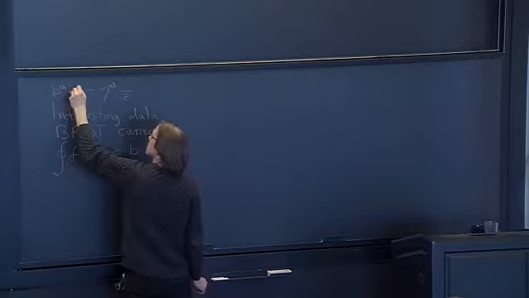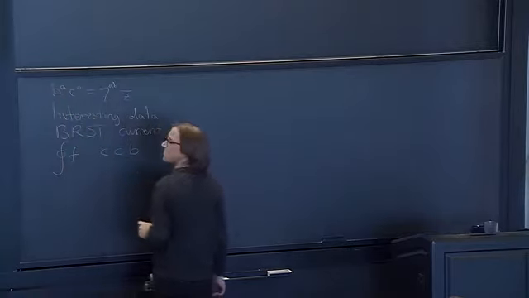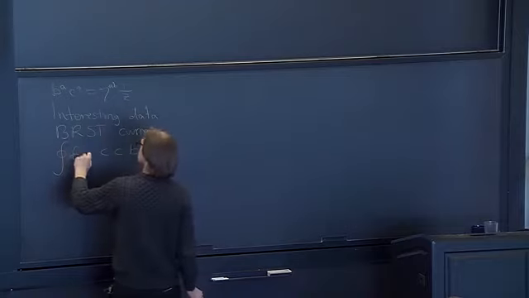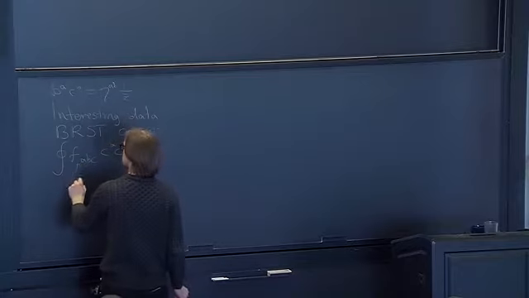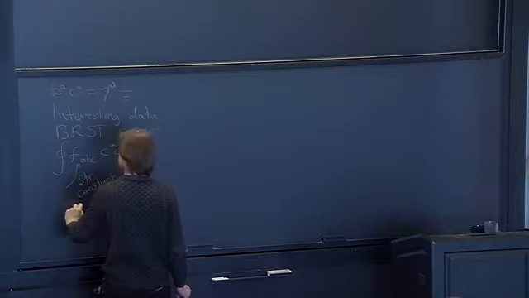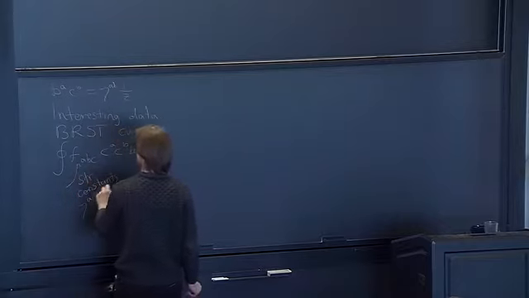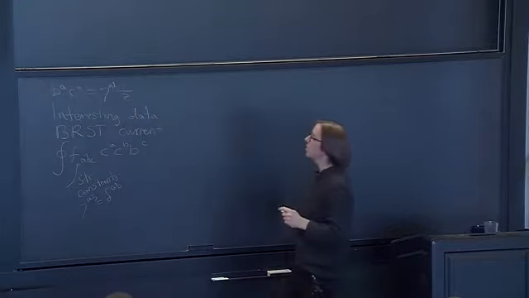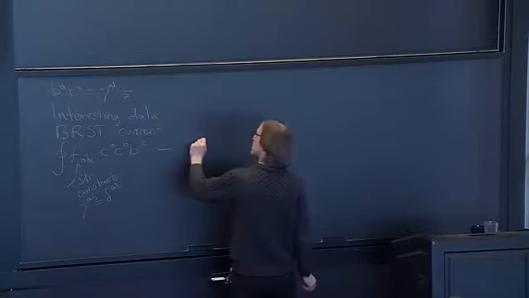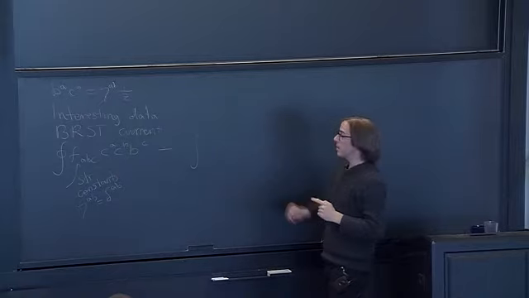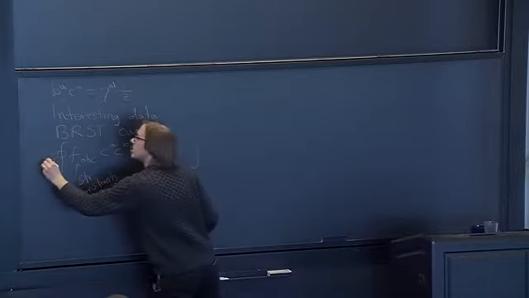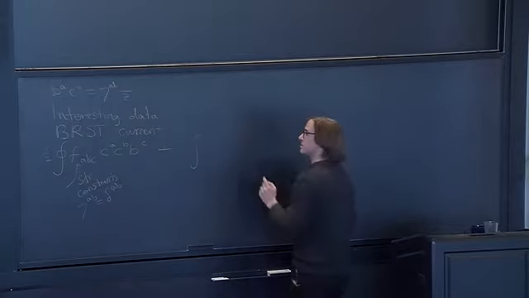I'm not going to worry too much about this raising and lowering of indices. And these guys are structure constants. And for simplicity, I'm going to assume that I have a basis where this is delta AB. So this is CC times B. And the second term has a factor of 2. We'll have a ZZC in it.